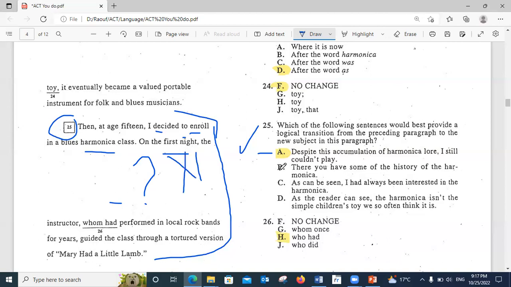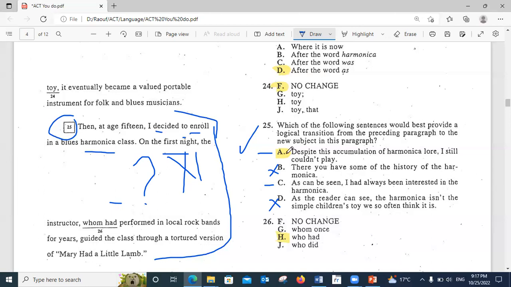The paragraph does not mention anything about the history of the harmonica. As can be seen, I had always been interested in the harmonica. Possible. Keep it in the possibility options. As the reader can see, the harmonica is not the simple children's story we so often think it is. The paragraph does not tell me about the harmonica not being a simple children's story.